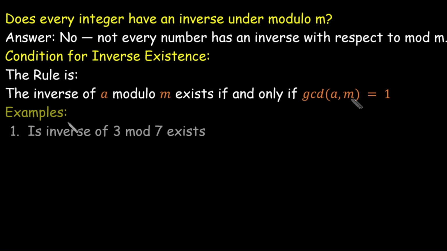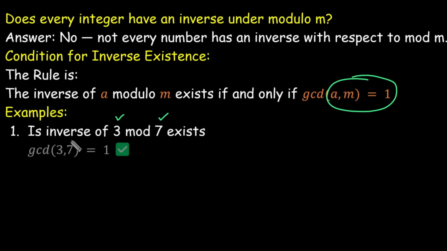For example, does the inverse of 3 mod 7 exist? First step is to find the GCD of these two numbers. What is common between 3 and 7? That is only 1. It means its GCD is 1. So if the GCD is 1, we can say that the inverse exists.